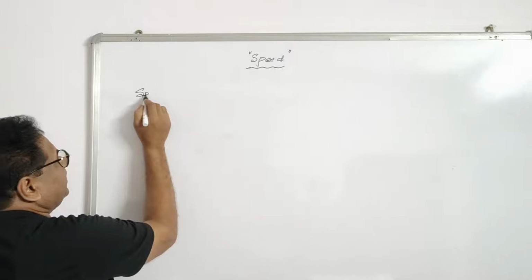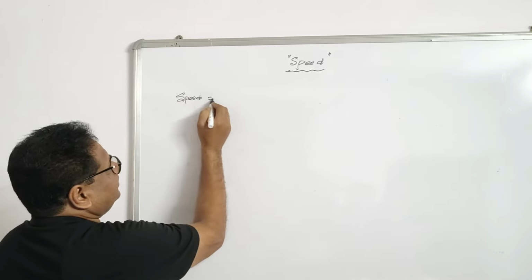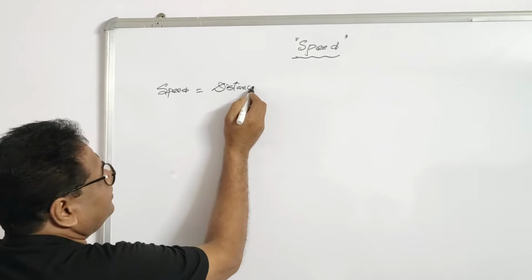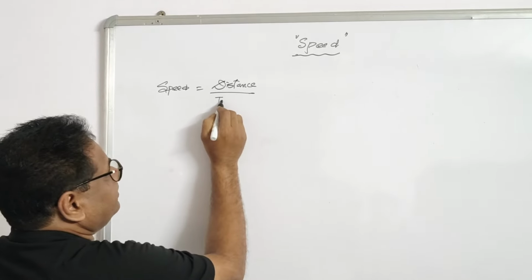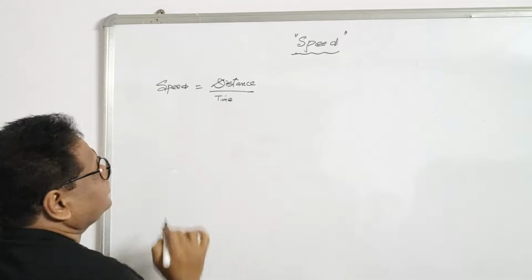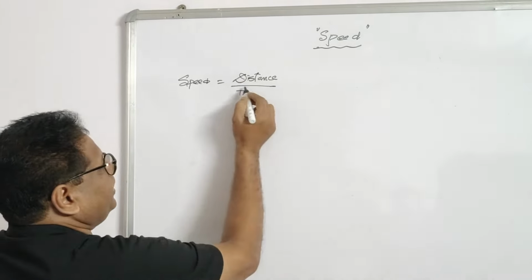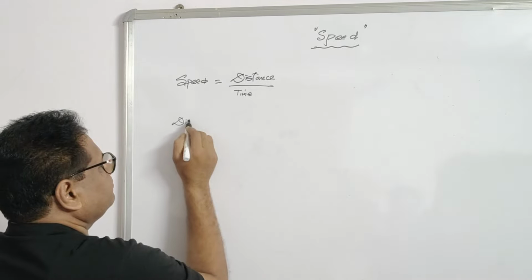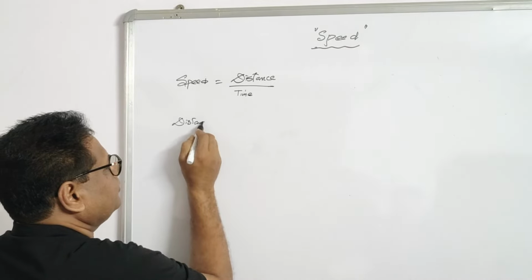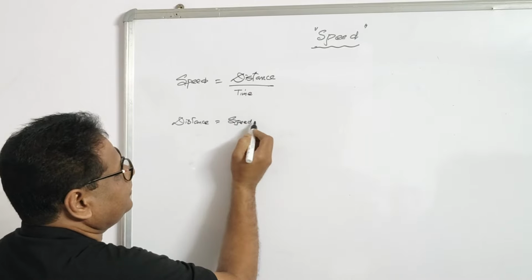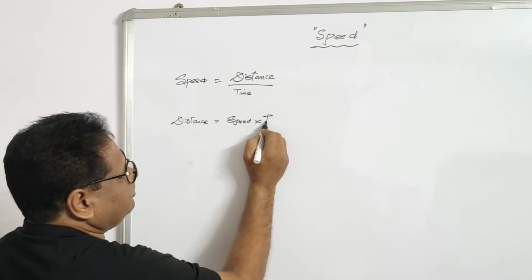Speed is defined as the distance traveled by time taken. Okay, clear? Now if you want to find distance, then multiply speed into time.